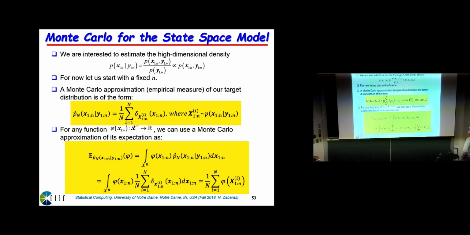If you want to calculate expectations of any function phi of the n variables, this is your standard Monte Carlo estimate, nothing new. I literally cut and pasted the equations because it's important to get used to the notation here.